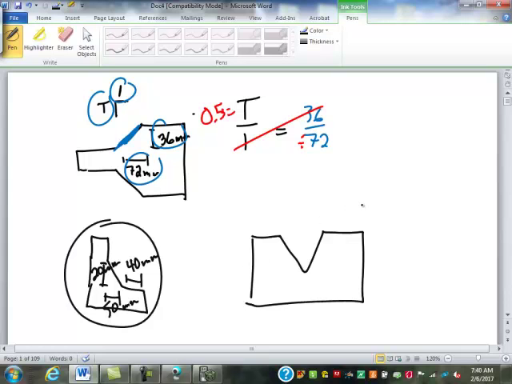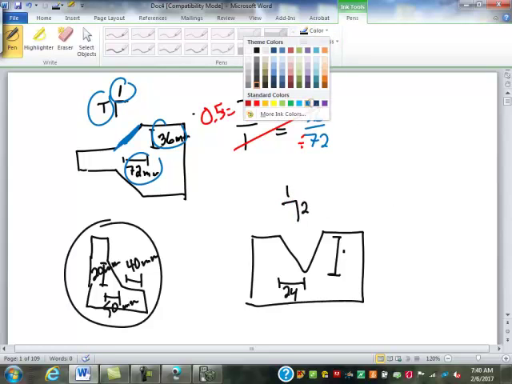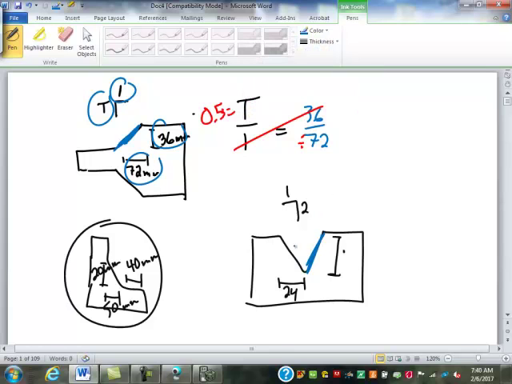Number 33. A here is how much? 24. Good. B? Careful. Went the wrong direction with it. Okay, so if we're looking at this surface right here, either one of these, the horizontal is going to be 24 on both of them.